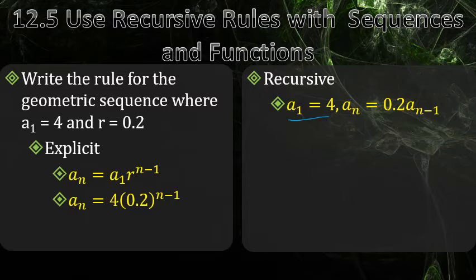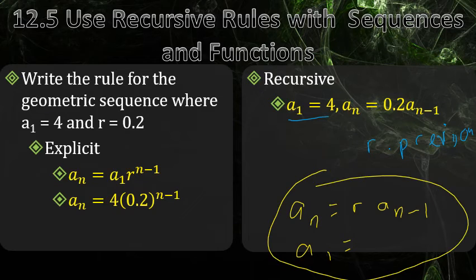So I'm multiplying r times the previous number. So in general, it'll be a_n equals r times a_(n-1), and we always have to know what a1 is. That's for geometric sequences.